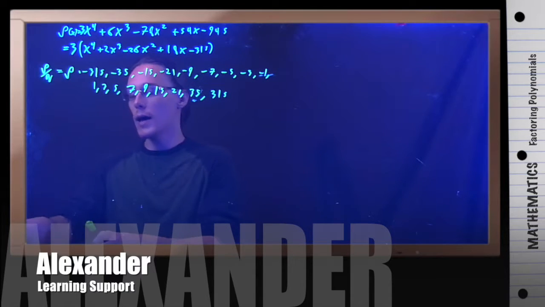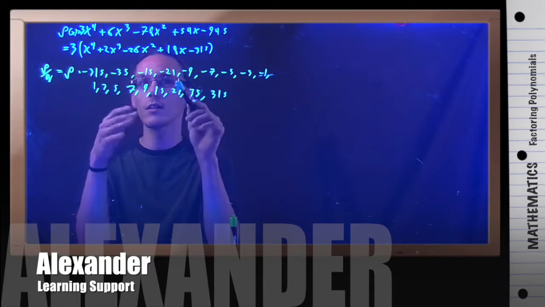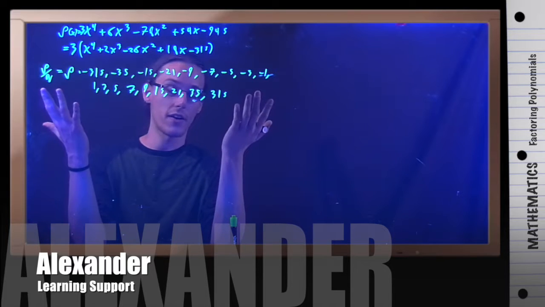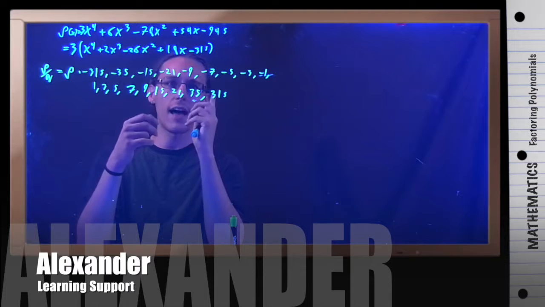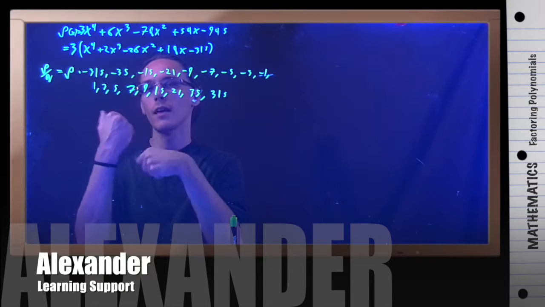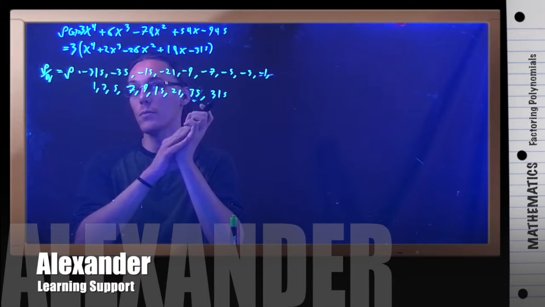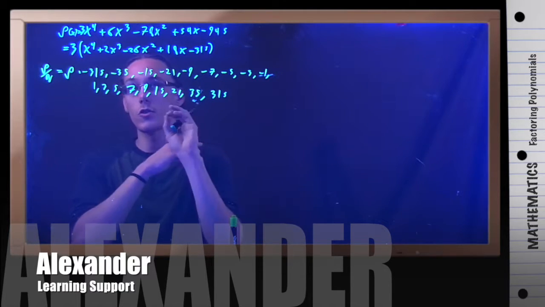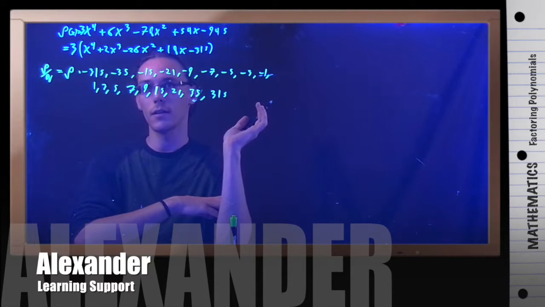And what the boundedness theorem tells me is that if I take a root and I do synthetic division, regardless of whether or not that works, of course, if it works, if I get a remainder of 0, then woohoo, I found a factor. But if it doesn't work, I can get useful information from it. If I divide by a negative number into my polynomial and I get alternating signs, that's going to tell me that there is no 0 less than that number. And so I can just ignore anything smaller than it.